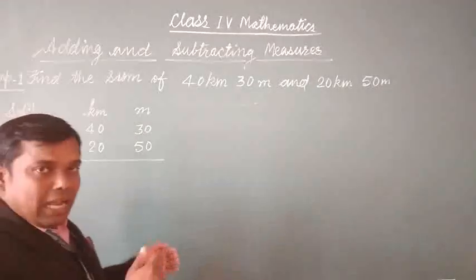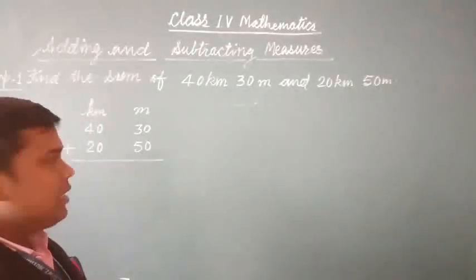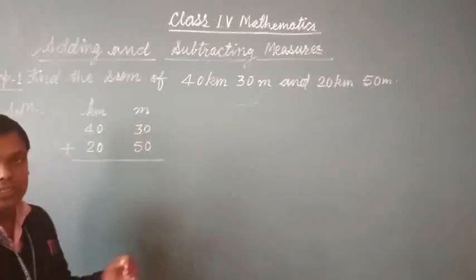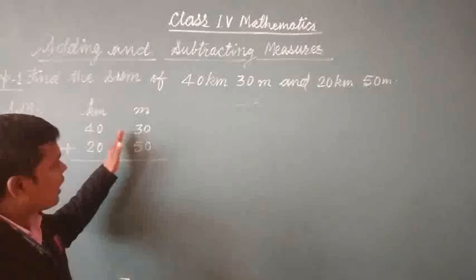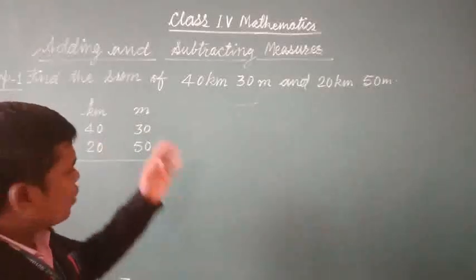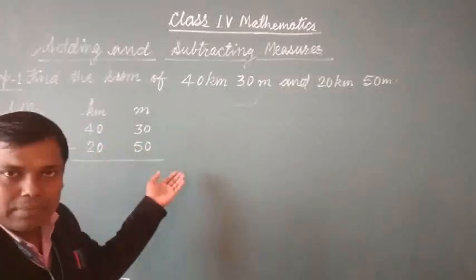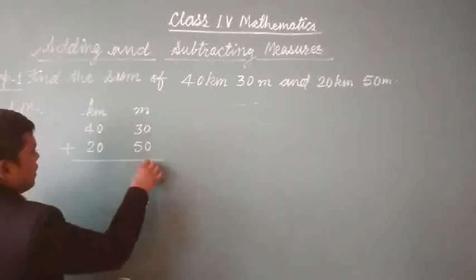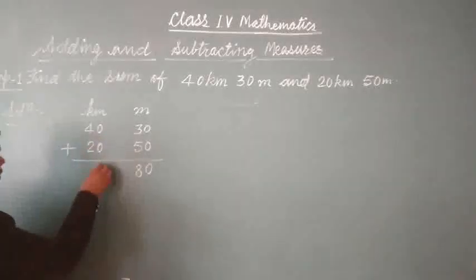First we add the numbers given in meter, and if any carry comes, we forward it to the kilometer. As we know, 1000 meters equals 1 kilometer, and we still have numbers only in the tens, so no carry will come here or here. So we add 0 plus 0, 0, and 3 plus 5, 8, 0 plus 0, 0, 4 plus 2, 6.